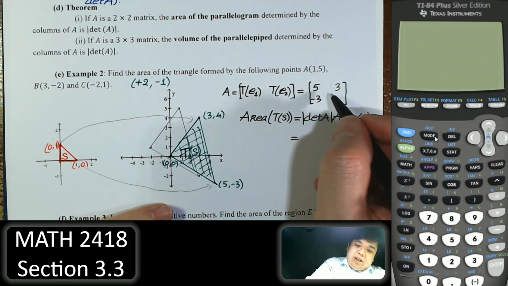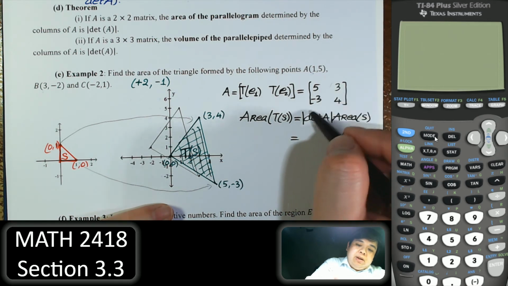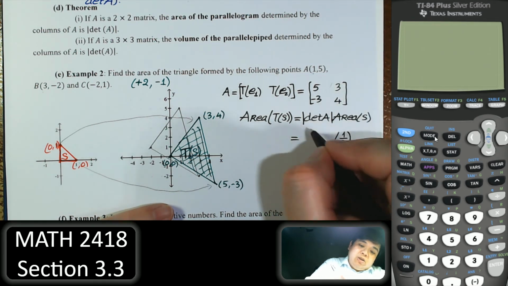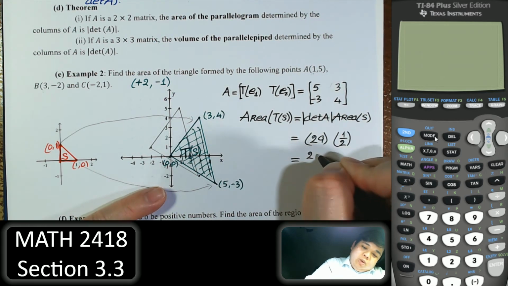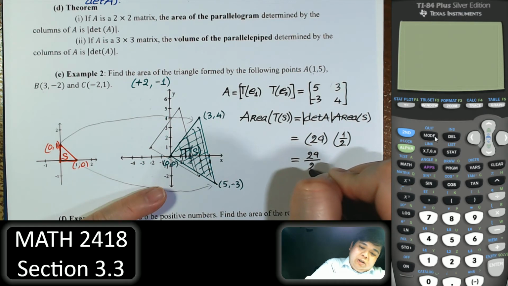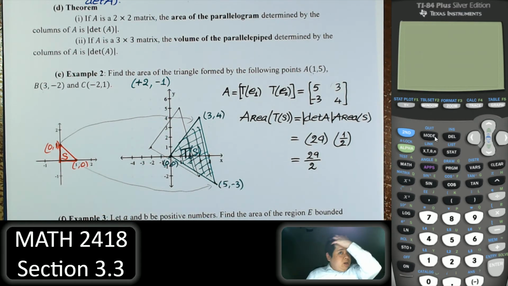And the determinant here is 20 minus 9 minus negative 9, so that's 29. So the area is 29 over 2, the area of the triangle.